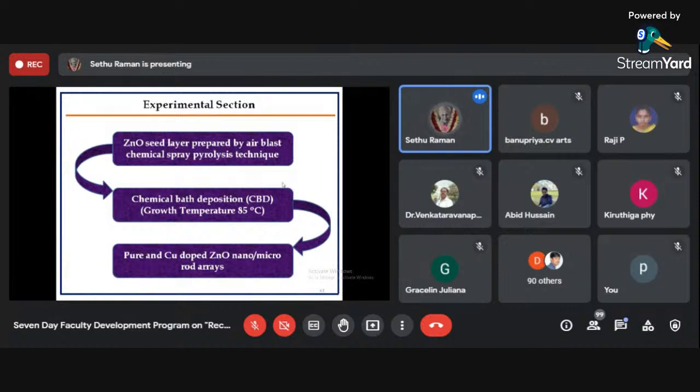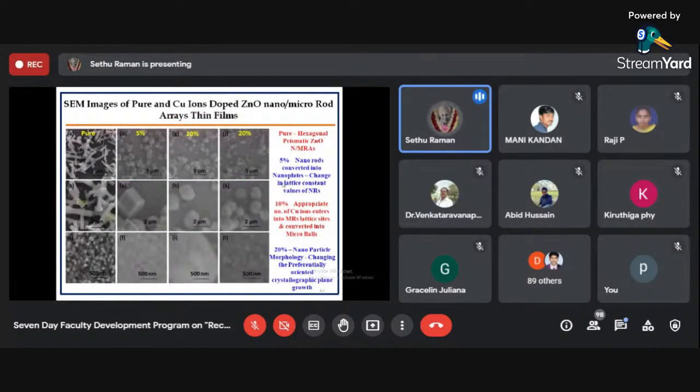The growth temperature is 85 degrees Celsius. Again, the pure and copper-doped zinc oxide nano and micro rod arrays are prepared by this simple chemical bath deposition technique.